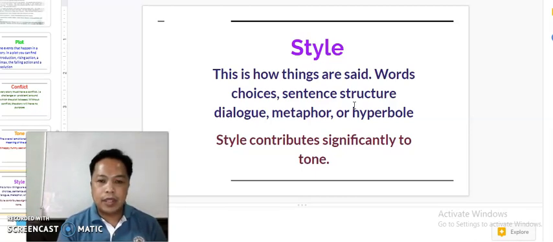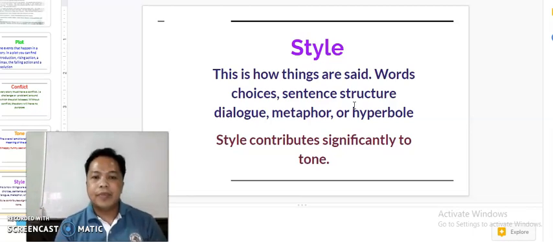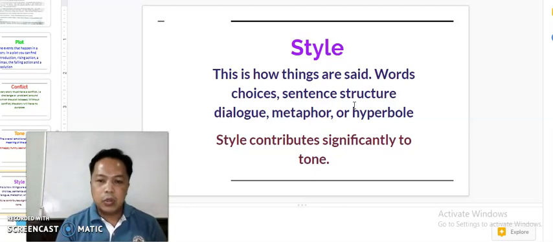And hyperbole. This is not literal meaning, but there are broader meanings of the words that they are using. Style contributes significantly to tone. Okay? So, let's continue later.